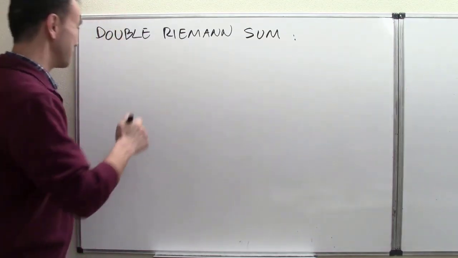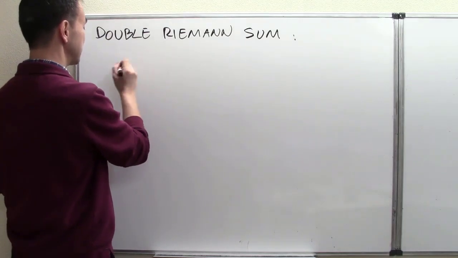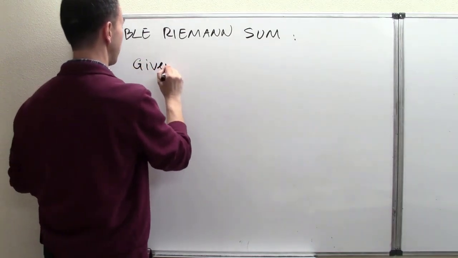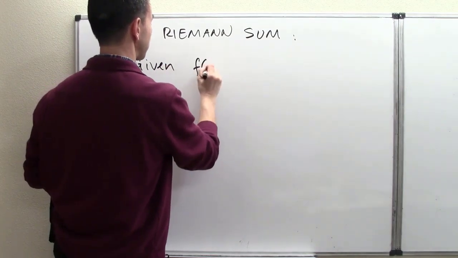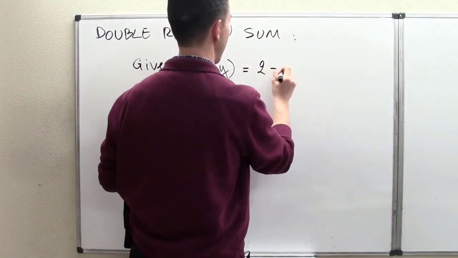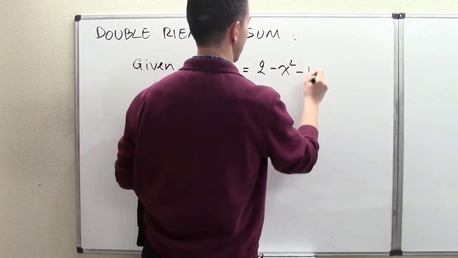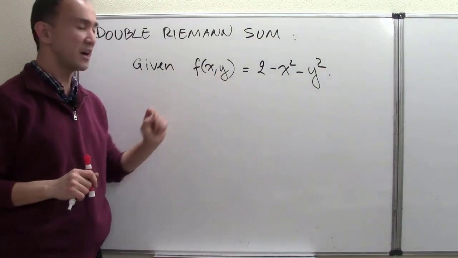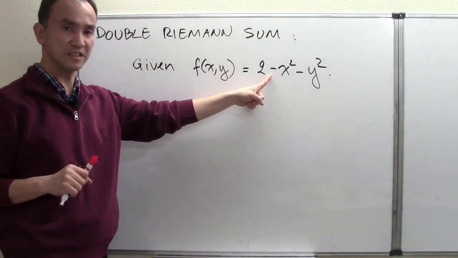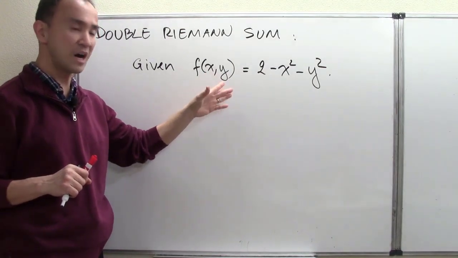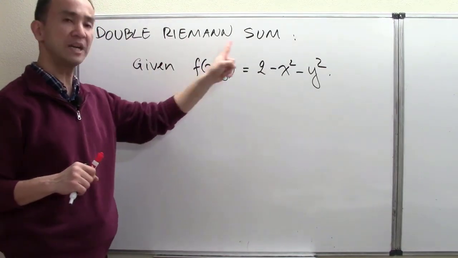Okay, so in this lesson, let me introduce the following function. Let's say we are starting with a given function f of x comma y equals 2 minus x squared minus y squared. This function is currently a function of two variables, and that is the reason why we're studying a double Riemann sum.